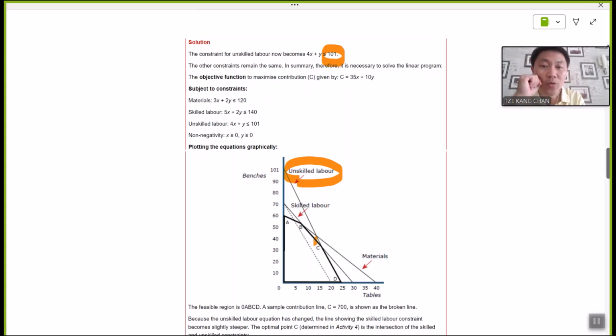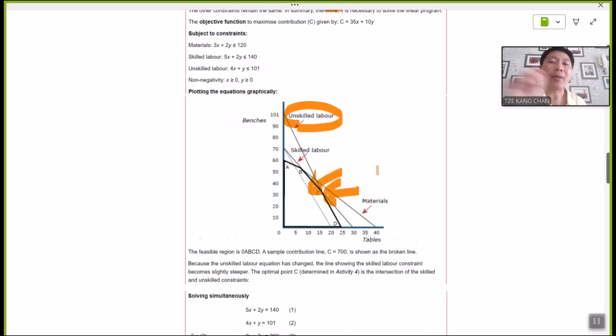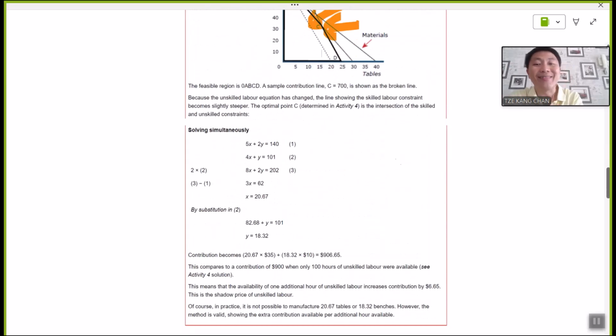Well, with the remaining lines unchanged, particularly the ISO contribution or objective function line, but moving outwards, the last point it touches is still point C. By using simultaneous equations, derive the coordinates of point C representing the output of X and Y. As expected, the output is clearly larger than the earlier solution before the revision on the supply of unskilled labour.